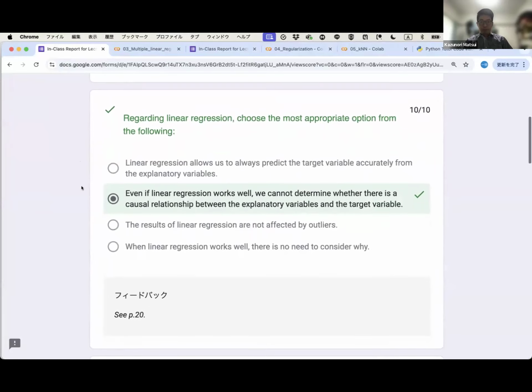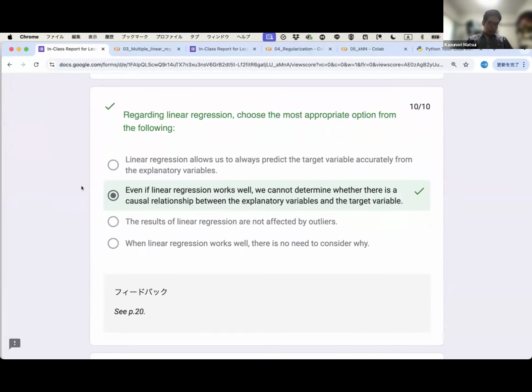First, can we always predict the objective variable accurately from explanatory variables by applying linear regression?